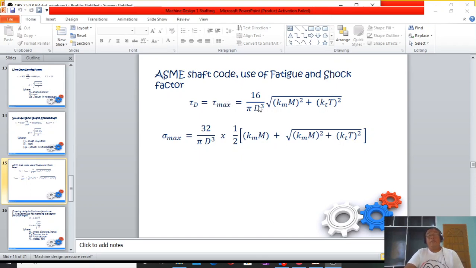Same as for torque, you multiply also the factor for torque and then square it. Same as here for the maximum normal stress theory, you will only consider Km, of course, for the moment, and then Kt for the torque.